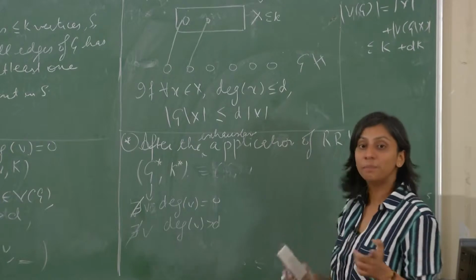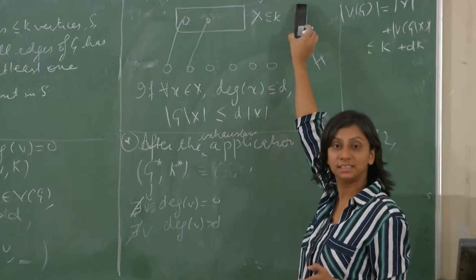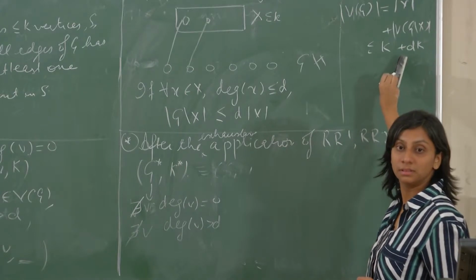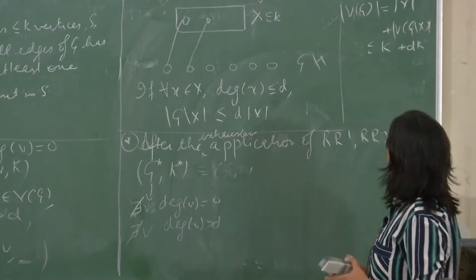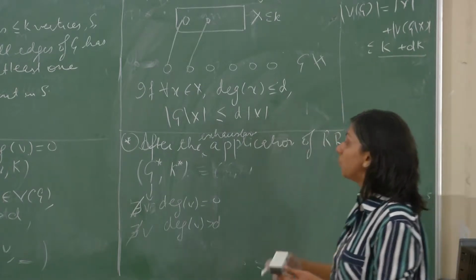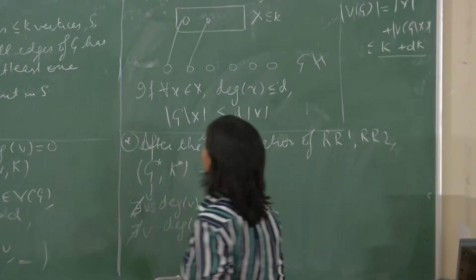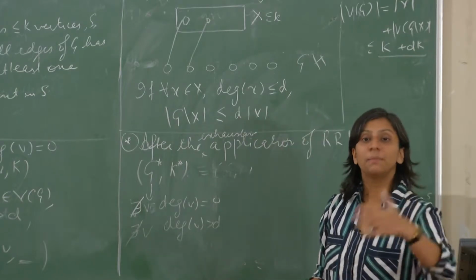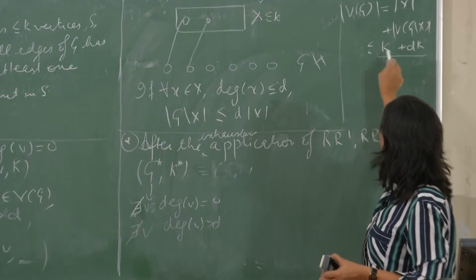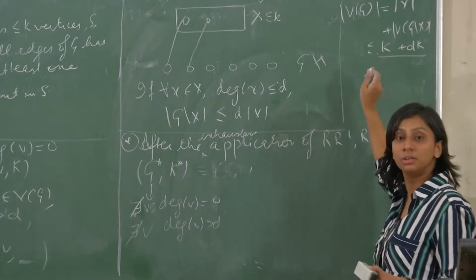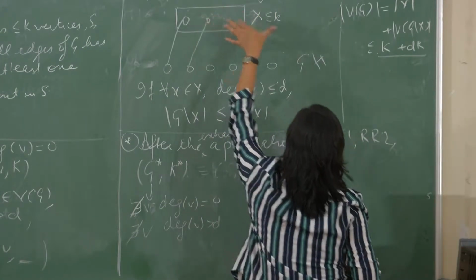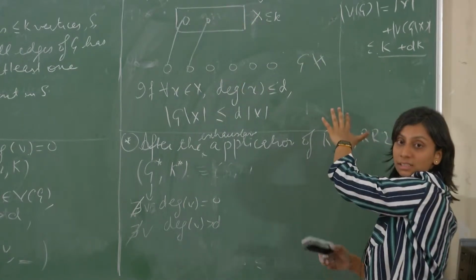So again, what have we proved? If it was a yes instance, then the number of vertices better be bounded by this number, right? And basically, what we do is we apply these reduction rules and then we just go check the number of vertices in the input instance. If it is greater than this number, then what do we know? This is the contrapositive. We proved if it's a yes instance, then the number of vertices is at most this.